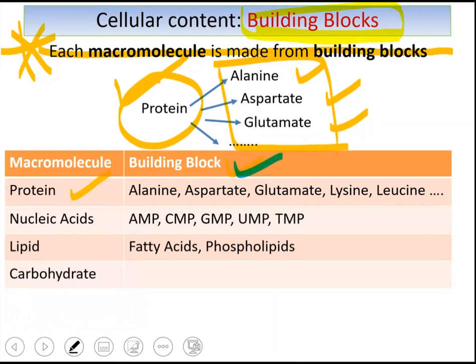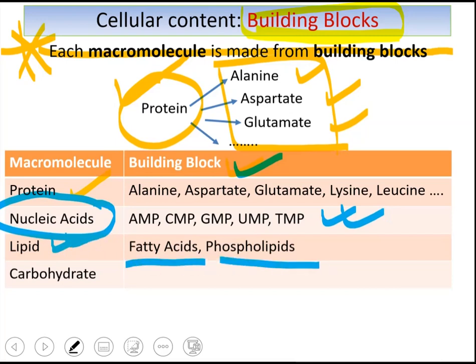What about the other macromolecules? Nucleic acids, RNA and DNA, are made up of adenine, guanine, cytosine, thymine, and uracil nucleotides, right? So those nucleotides are building blocks for nucleic acids. For lipids, fatty acids and phospholipids are the building blocks.